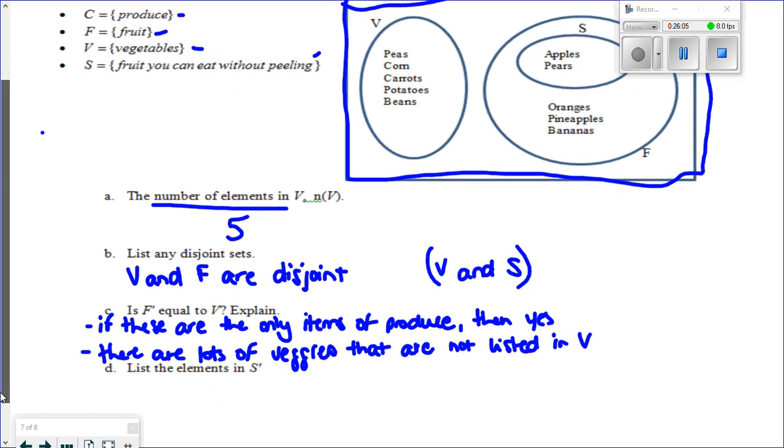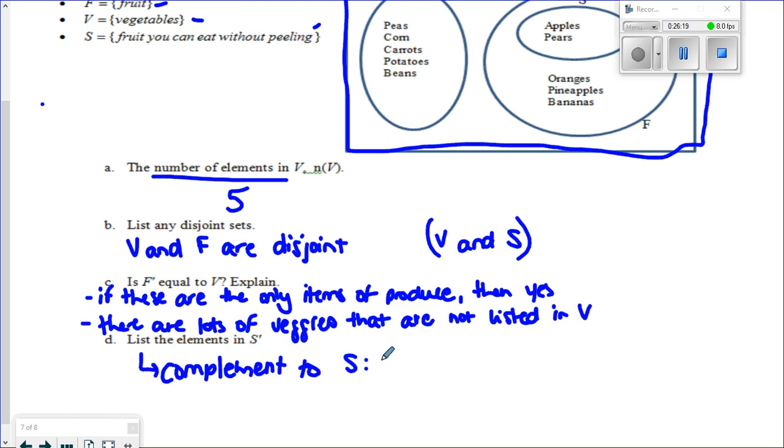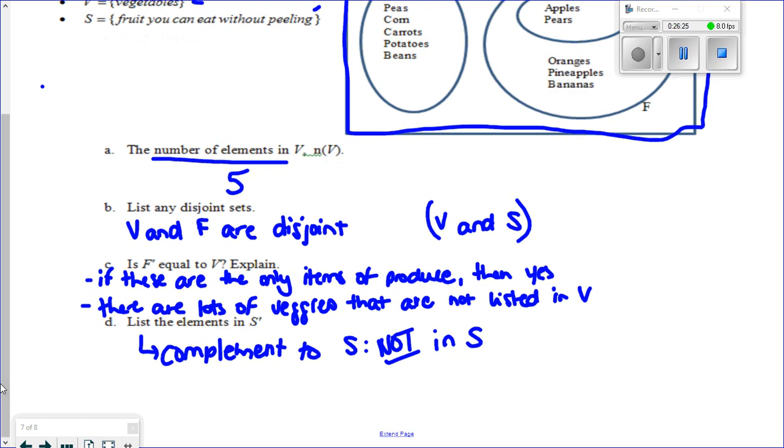List all of the elements that are in S prime. Again, that's the complement of S, so that means not in S. Things that are not in S are, the way we'll write that, S prime, I kind of wrote that as S1.